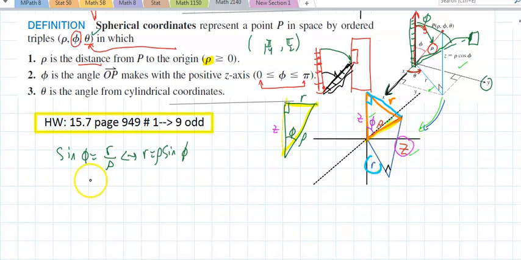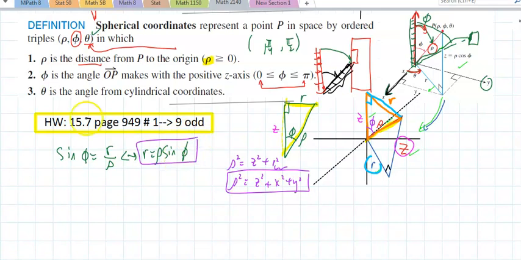Well, wouldn't that say right there that rho squared equals z squared plus r squared? And wasn't r squared x squared plus y squared? And I know that x is r times the cosine of theta, and I know that y is r times the sine of theta.